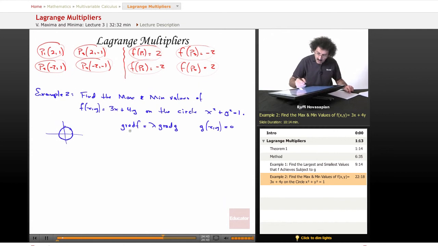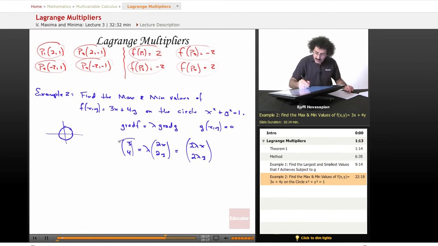Okay, so the gradient of f: the partial derivative with respect to x is 3, the partial derivative with respect to y is 4. So we have (3, 4) equals lambda times the gradient of g, which is (2x, 2y), so 2 lambda x and 2 lambda y.